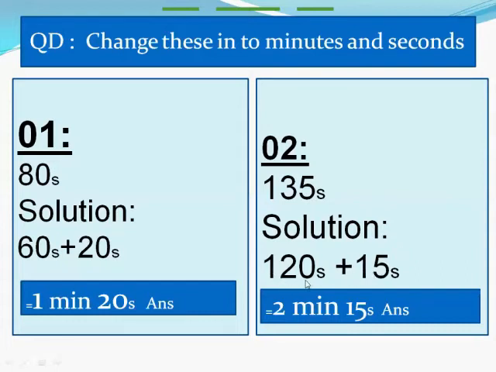We add them and it becomes 135. So we can say 120 seconds is equal to 2 minutes. 1 minute has 60 seconds, 2 minutes have 120 seconds. So it is showing 2 minutes plus 15 seconds. It means 135 seconds is equal to 2 minutes and 15 seconds.